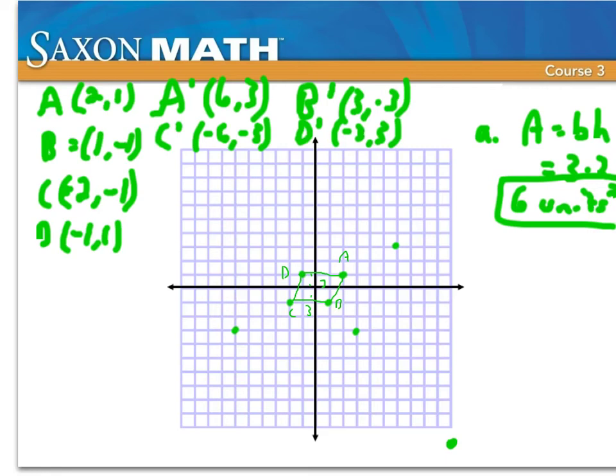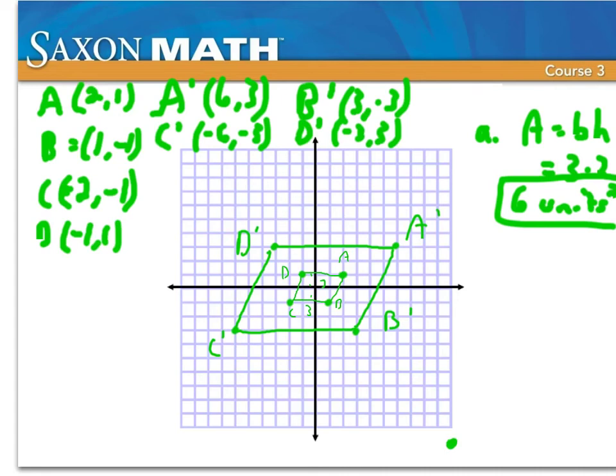And then D prime is (-3, 3), which is right here. And then I'm going to go ahead and connect those to make my parallelogram that's 3 times as big. And this is A prime, B prime, C prime, and D prime.